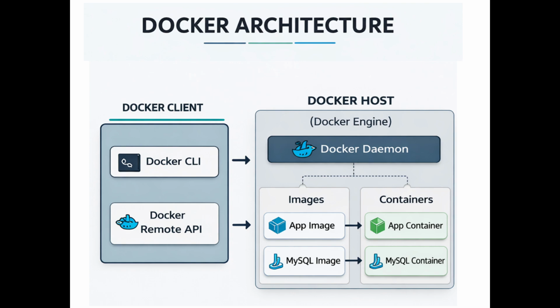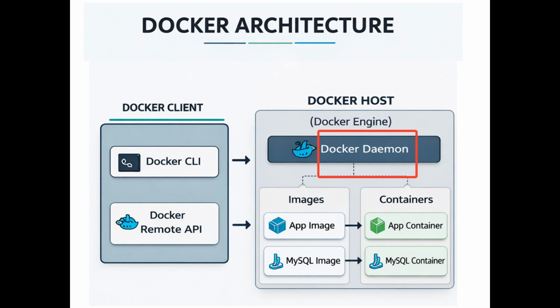Inside the Docker server, there is a background service called the Docker daemon. You may have heard about daemon threads in Java. A daemon thread runs in the background and provides service to other threads. Similarly, in Docker, the Docker daemon runs continuously in the background.